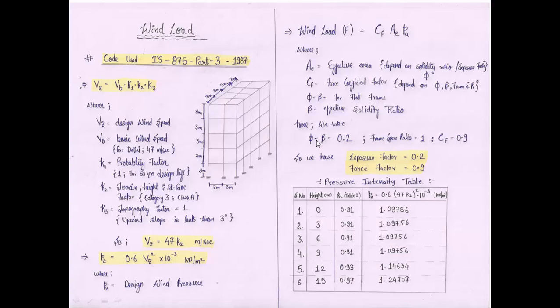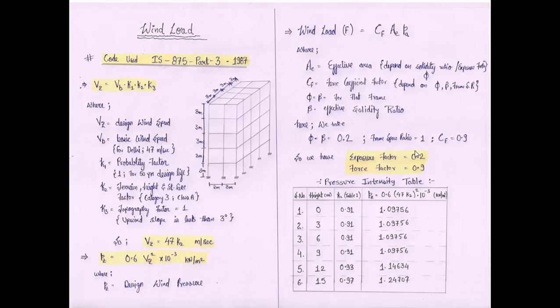For this structure we take solidity ratio equal to 0.2, and for flat frame effective solidity ratio beta, and here we take frame space ratio equal to 1. So the Cf factor comes out to be 0.9, which was calculated from IS 875 part 3 code.